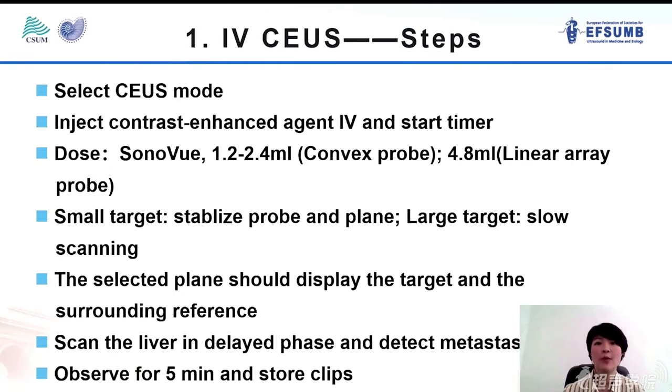When observing a small target, the probe and image plane should be stabilized in order not to miss the target. When observing a large target, the probe should be slowly moved to have an overall view of the lesion. Observe for 5 minutes and store clips.